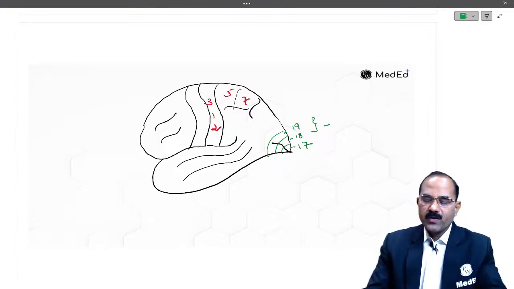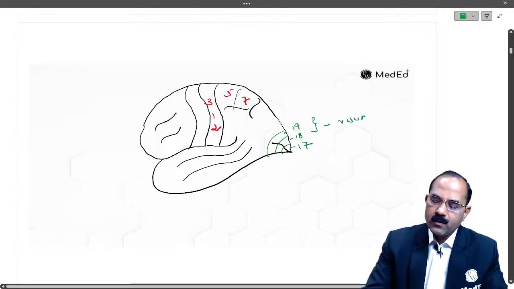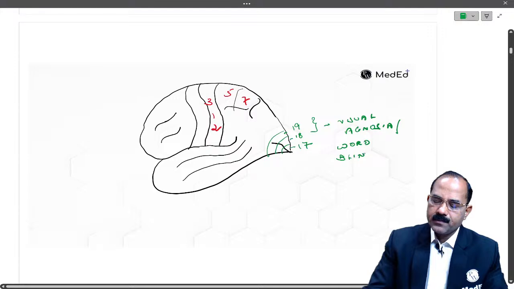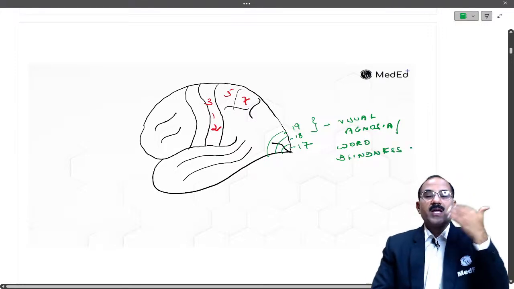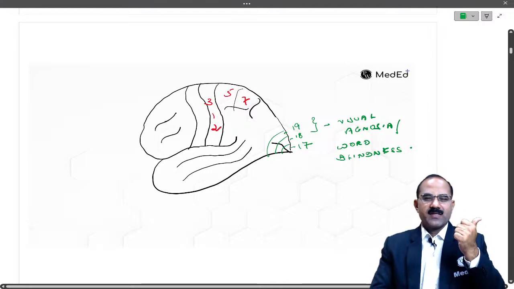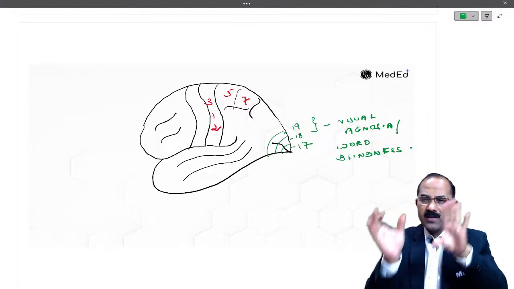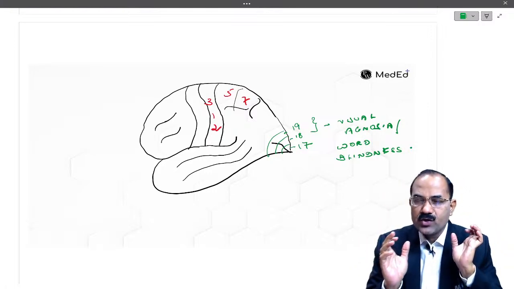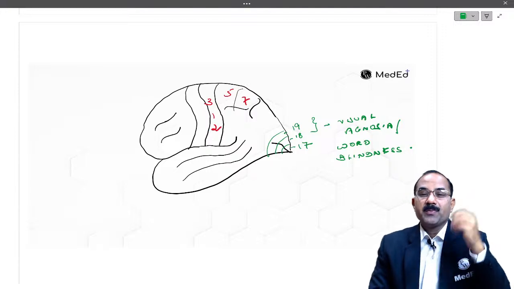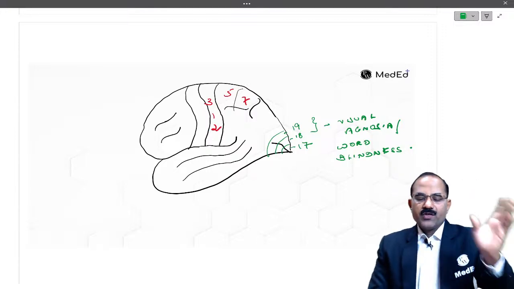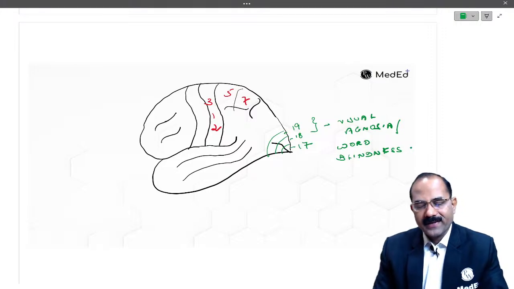And this is what we call visual agnosia, or it is known as word blindness. The words are there, but the person is not able to understand those words. Clear? So 17 is primary visual, 18, 19 are visual association areas. If these are damaged, the person is not able to understand what the person is looking at. Visual agnosia or word blindness.